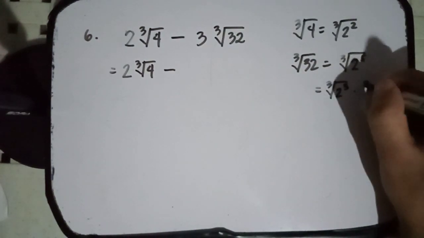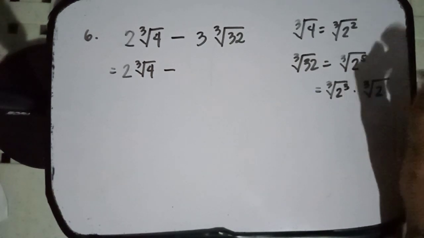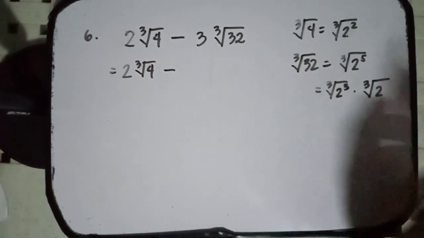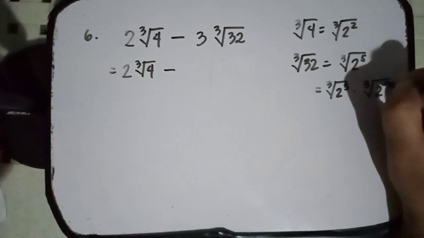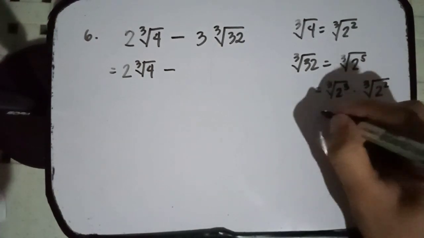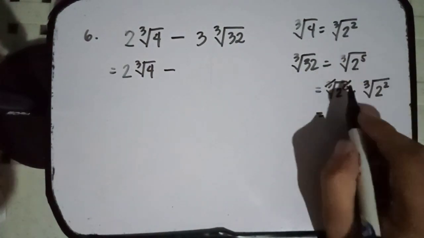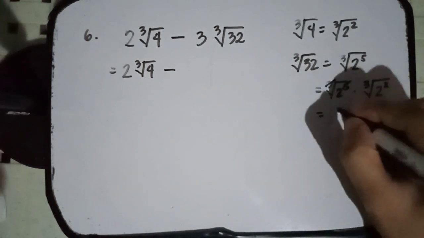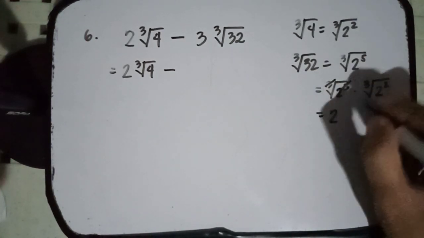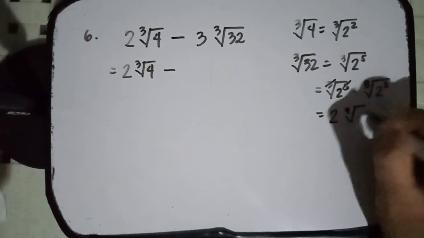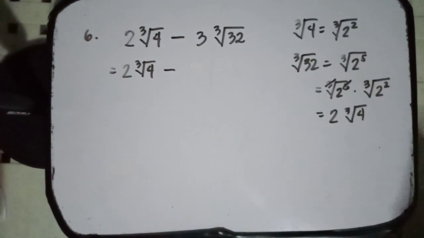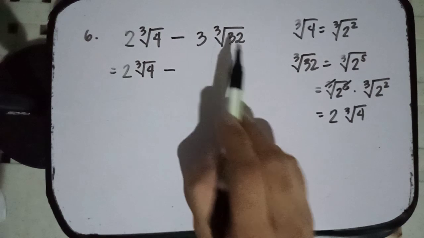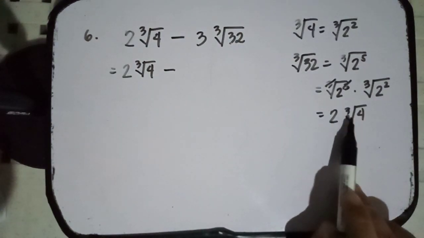Okay? Times, isulat natin yung natira. So, cube root of 2. Kinuha natin 3 mula sa 5. 2 na lang po ang natira. So, 2 squared. Okay? So, cancel mo na kung 3, diba? Cube root. This will become 2 times the cube root of, so 2 squared equals 4. Okay, so from cube root of 32, we have 2 times the cube root of 4.